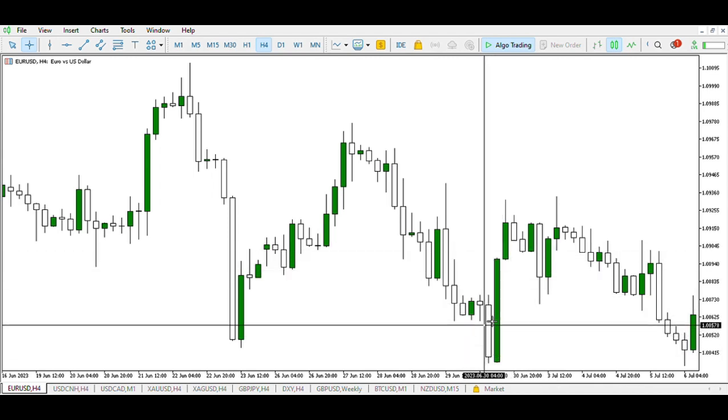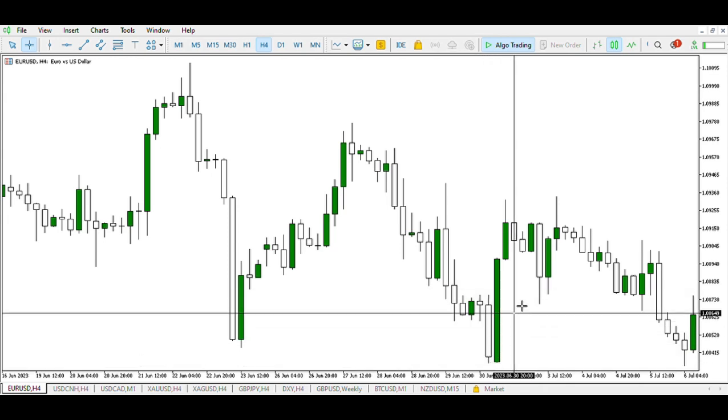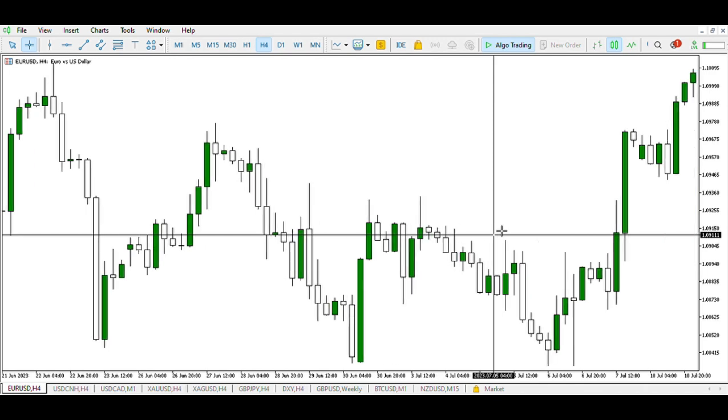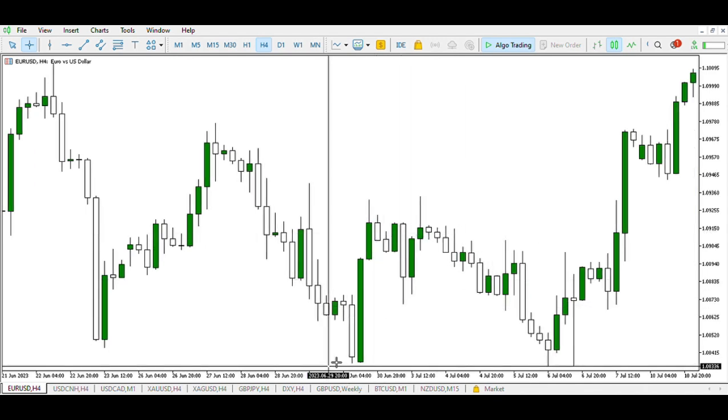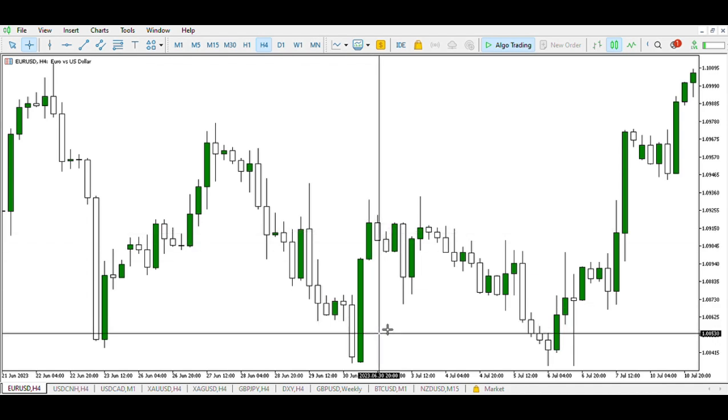You can see the first one we have here is a bearish candle, then we have a bullish candle that absolutely engulfs this whole candle, creating a buy. As it engulfs it, it creates a buy.